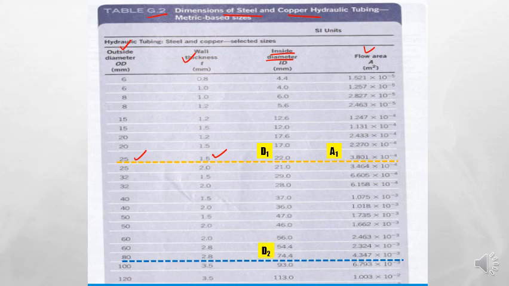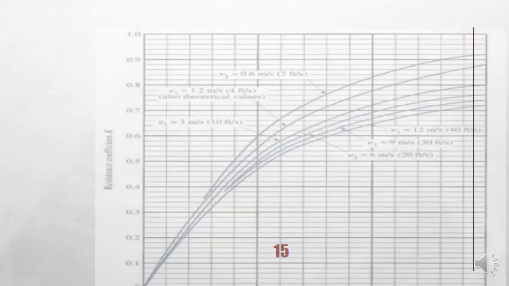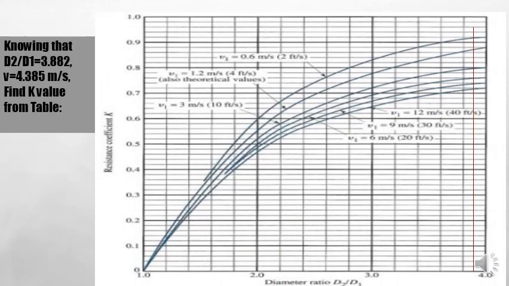And this one is for the bigger diameter, this is the info given to us. Directly from the table, we get D2 and A2 as well. So it's easy, from the table you can get these four pieces of information needed to solve the question. Based on calculation, I already got D2 divided by D1, a value I got from table appendix G2.